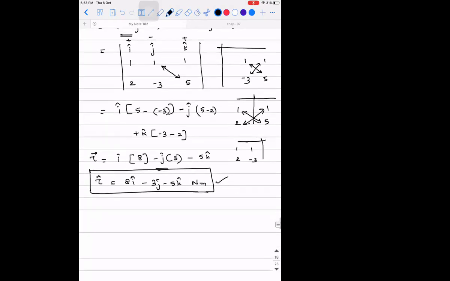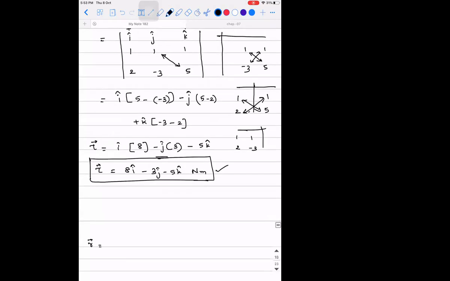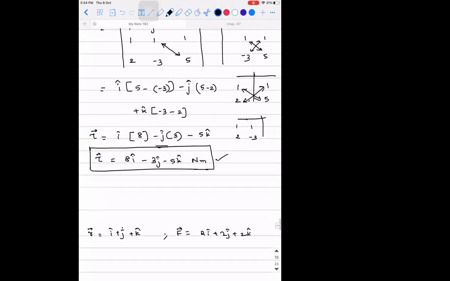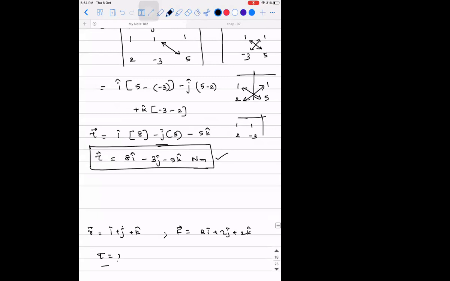So I'll give you one more problem. So R vector is equal to i cap plus j cap plus k cap, and force vector is 2i cap plus 2j cap plus 2k cap. Find torque. Good, fast.